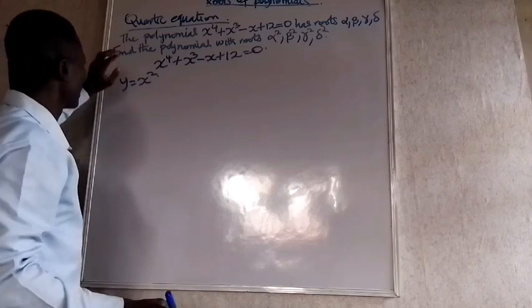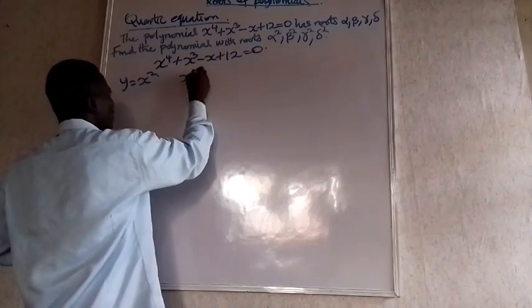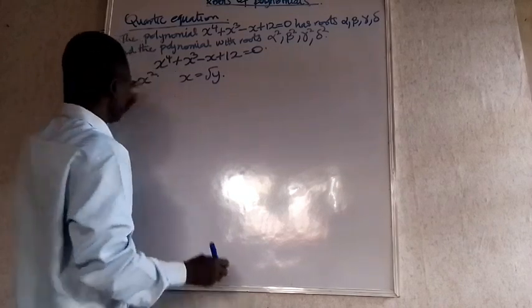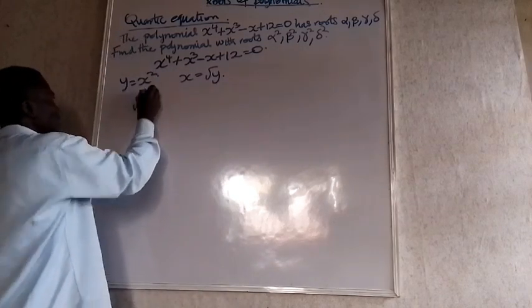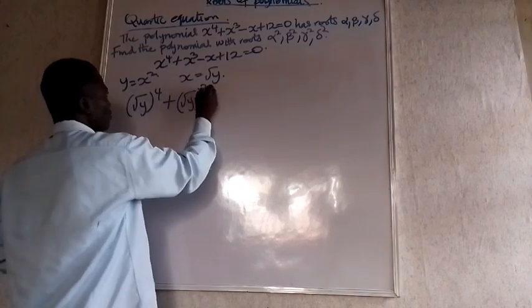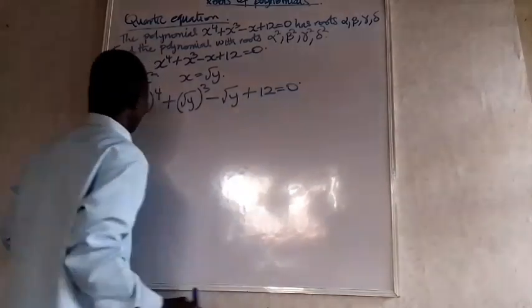Now replace y with this, that is x equals the root of y. So we replace this in the equation. Therefore, we are going to have root of y raised to the power 4 plus root of y all cubed minus root of y plus 12 equals 0.